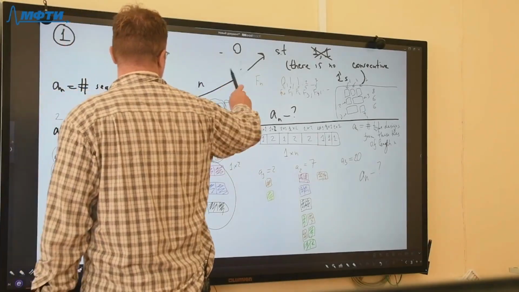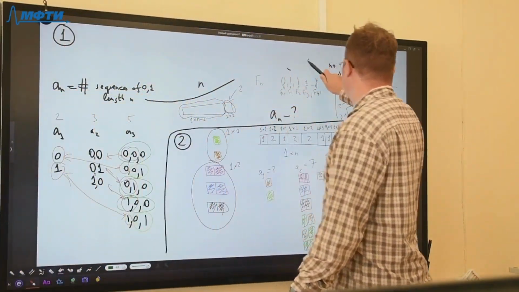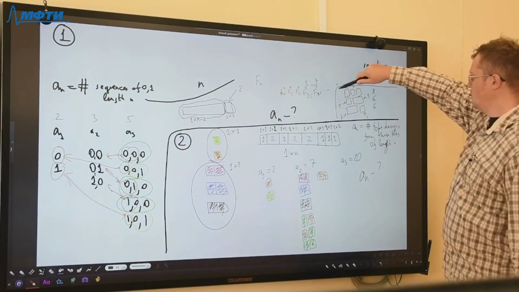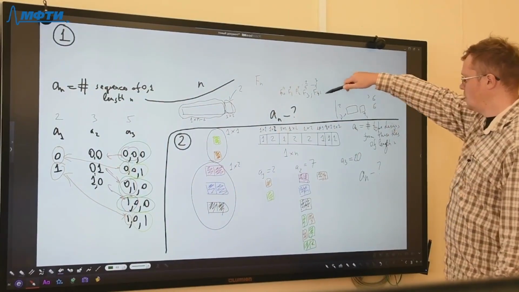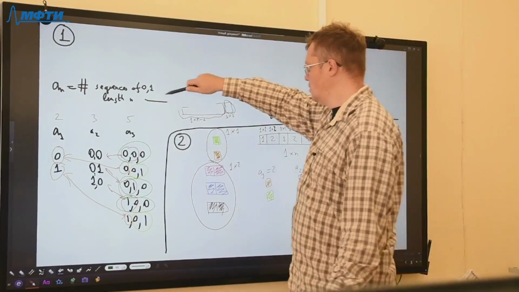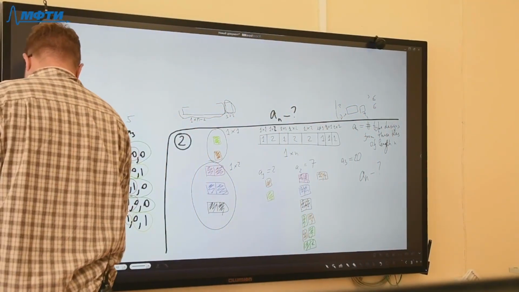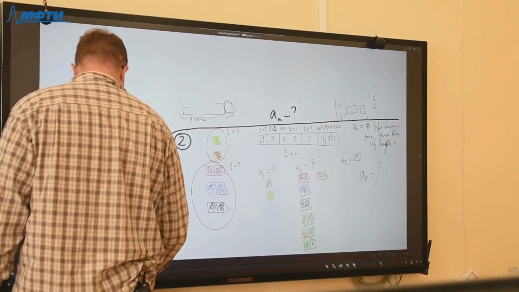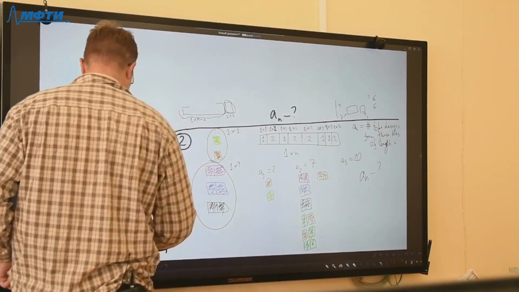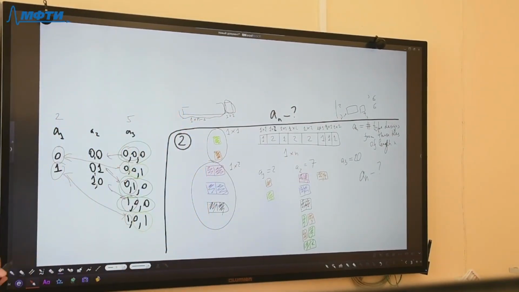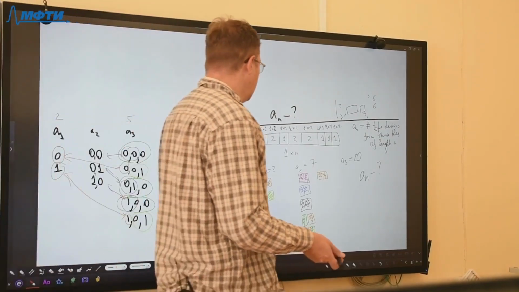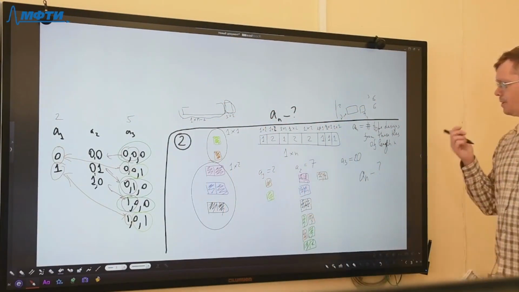Okay, some of you have already shown me the correct recurrence relation. Let's discuss this relation. The idea is the same as in the previous exercise. We want to describe a_n in terms of previous elements.